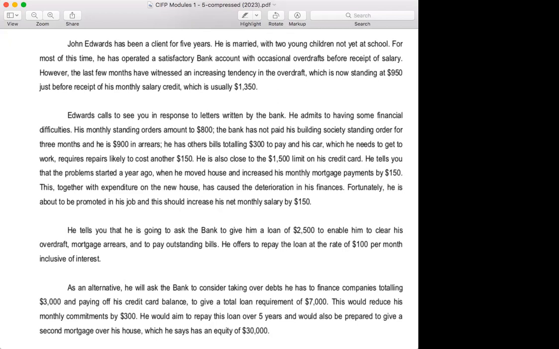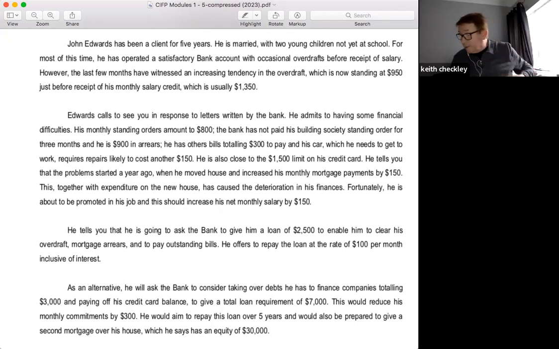So I rounded it off to that. When you add those up, you get 3,650 plus his overdraft balance of $950. So when you add those together, that's 4,600. And then he wants to pay off the finance companies, which is a total of $3,000. So when you add that together, you get the 7,600.